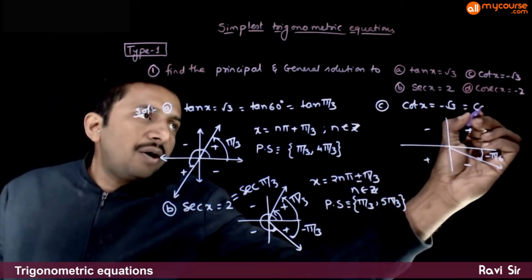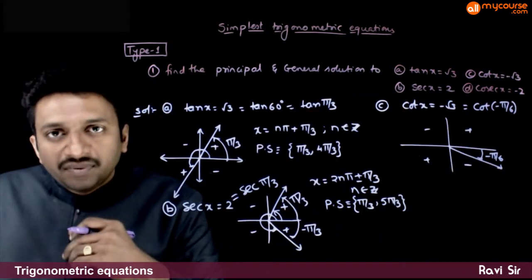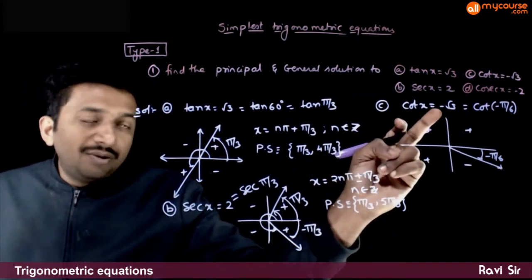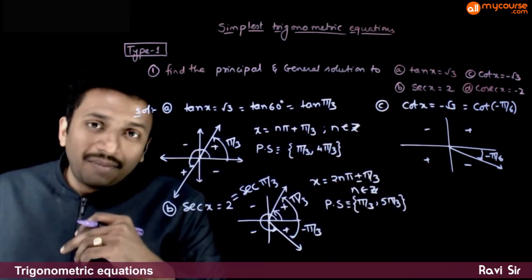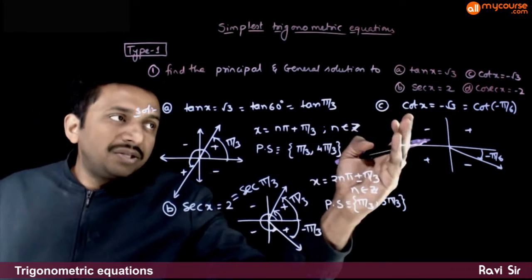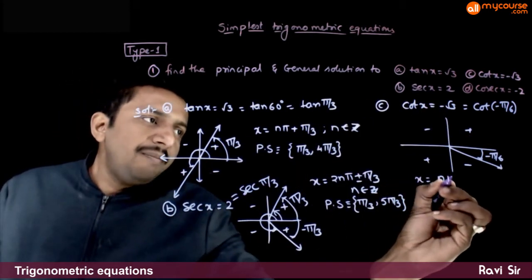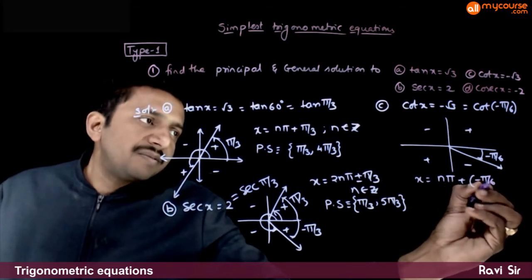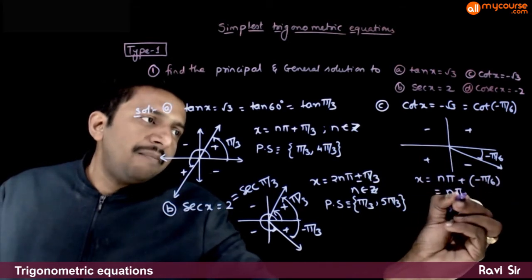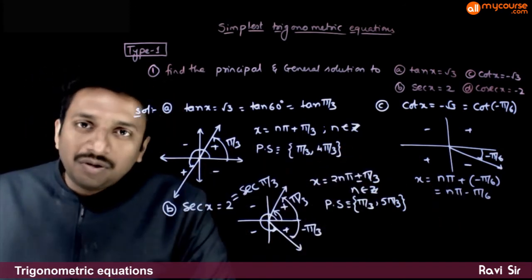So I can write it as cot of minus pi by 6. So cot x is equal to cot of minus pi by 6. Now once you have cot x is equal to cot alpha, x is equal to n pi plus alpha, that is n pi minus pi by 6. So this will be the general solution for this.